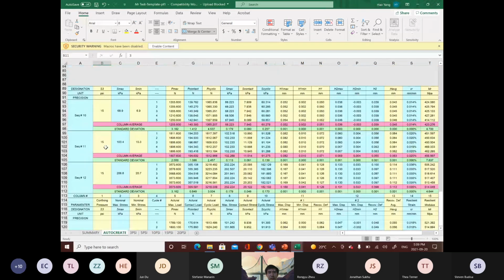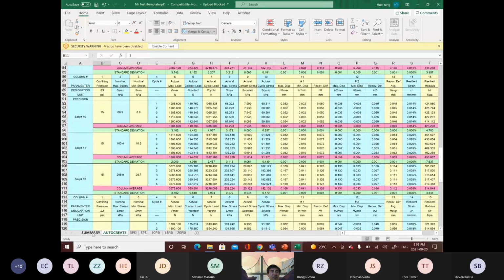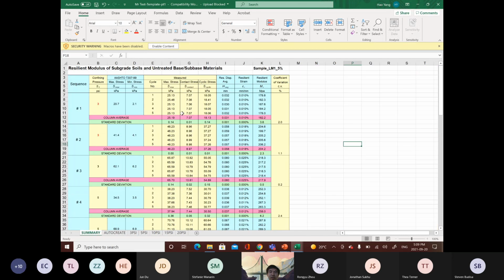This sheet is generated automatically, and once you have data loaded to this sheet, it will also automatically generate a summary file. It will clean the data from the auto-created sheet, and then summarize and find out all the necessary data points you need for the final analysis or for the generation of the figures.